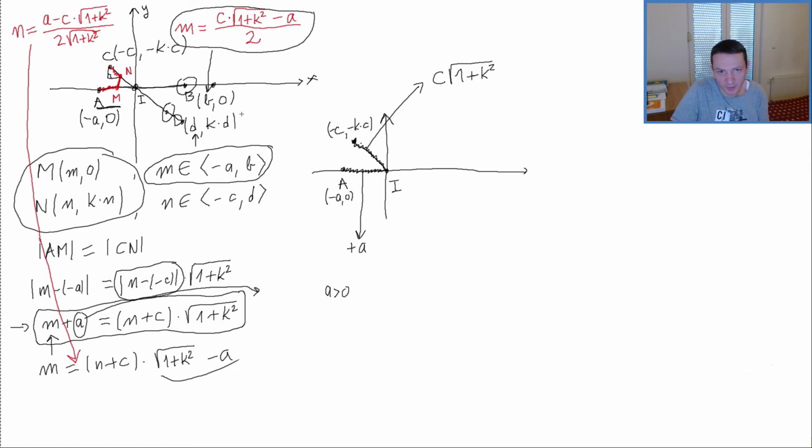So if we transfer this segment here, this point should have coordinates c times square root of 1 plus k squared, comma 0.